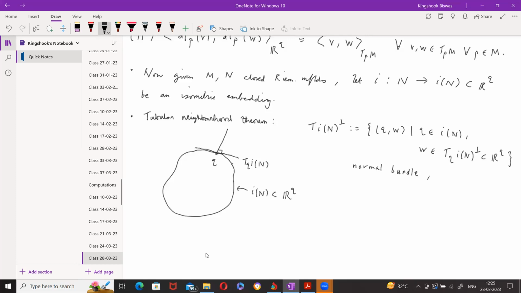And then you can look at, let's say, U epsilon, which is an open subset of this normal bundle, where you take all vectors in the normal bundle of norm less than epsilon. Okay.